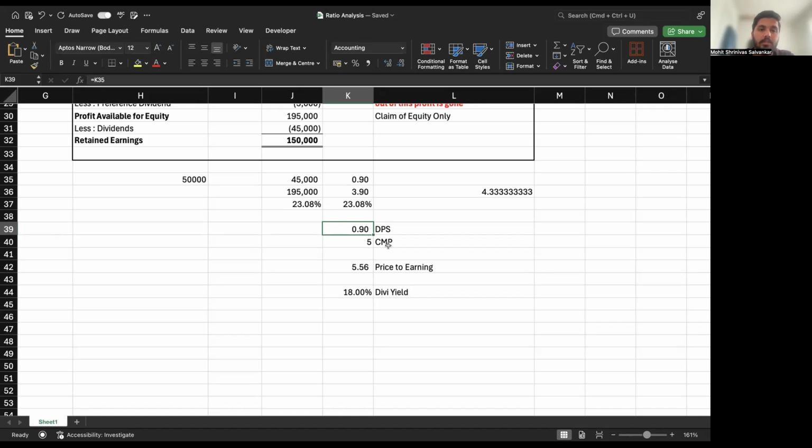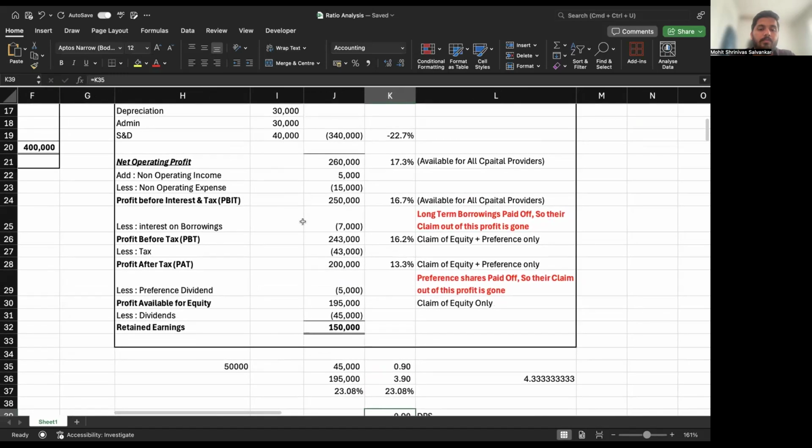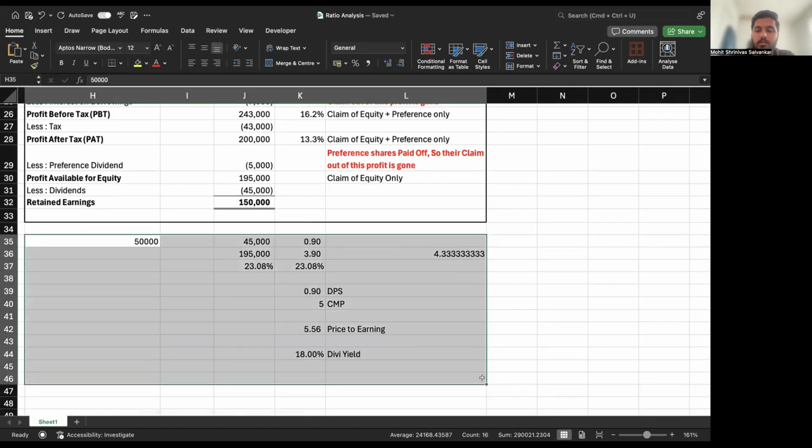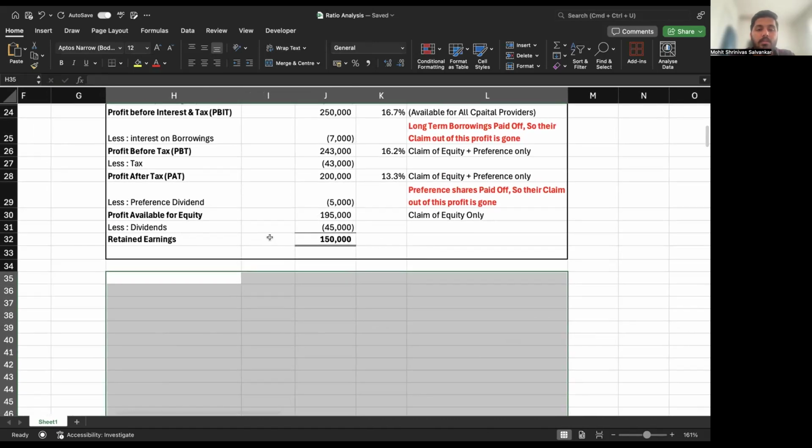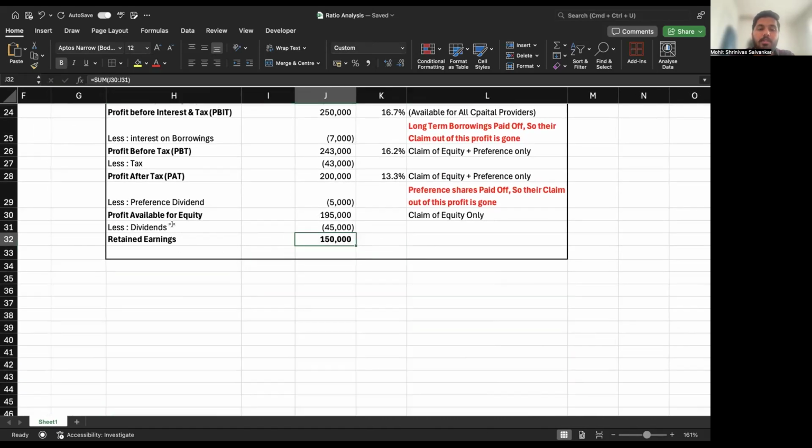First look at the basic one. So we can delete all of this. So we have this profit available for shareholders. This is the earnings available for shareholders. If I divide this by the number of shares, we get earnings per share, 3.9, and this is the basic earnings per share.